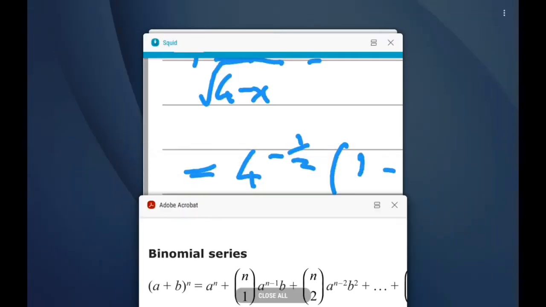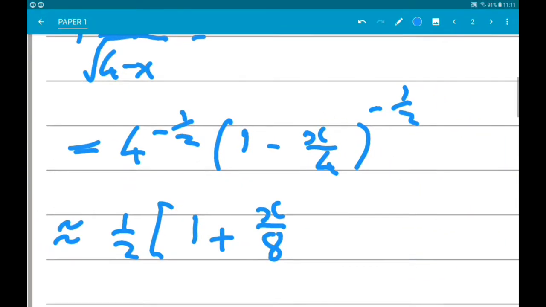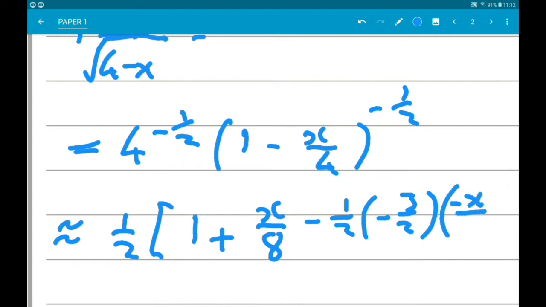So now we have minus 1/2 times minus 3/2 times minus x over 4 all squared over 2.